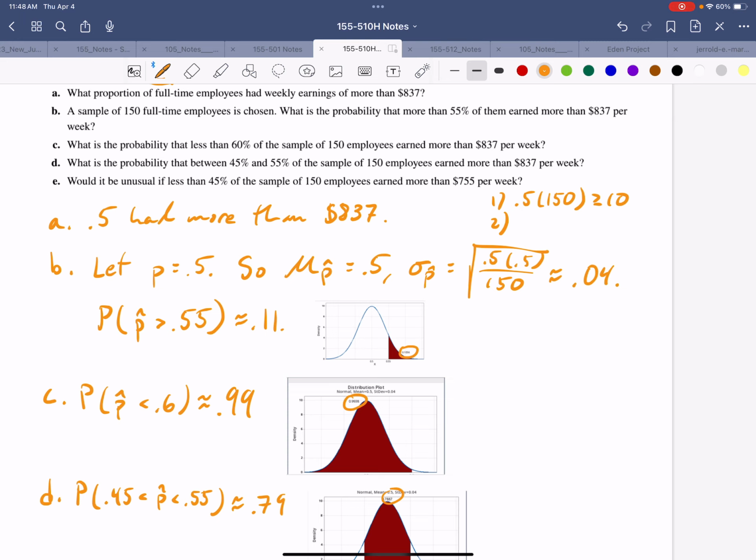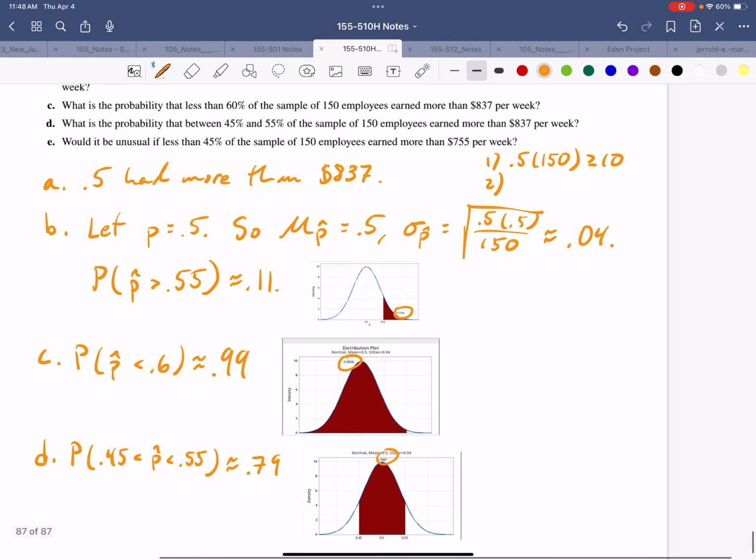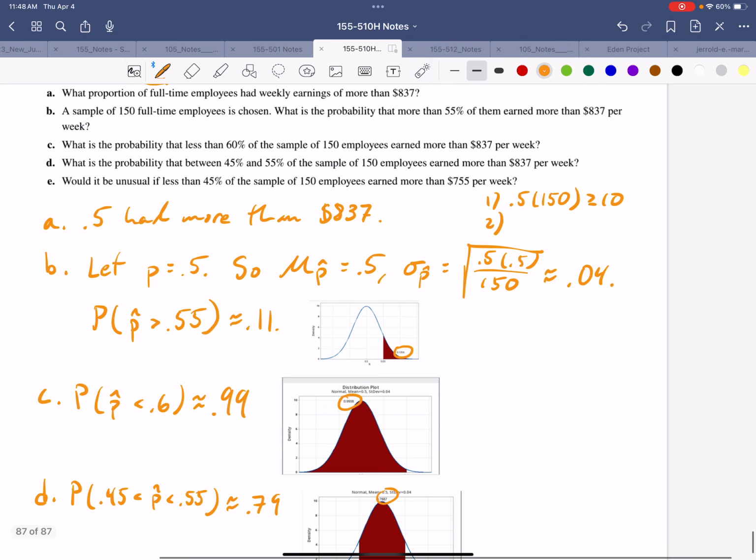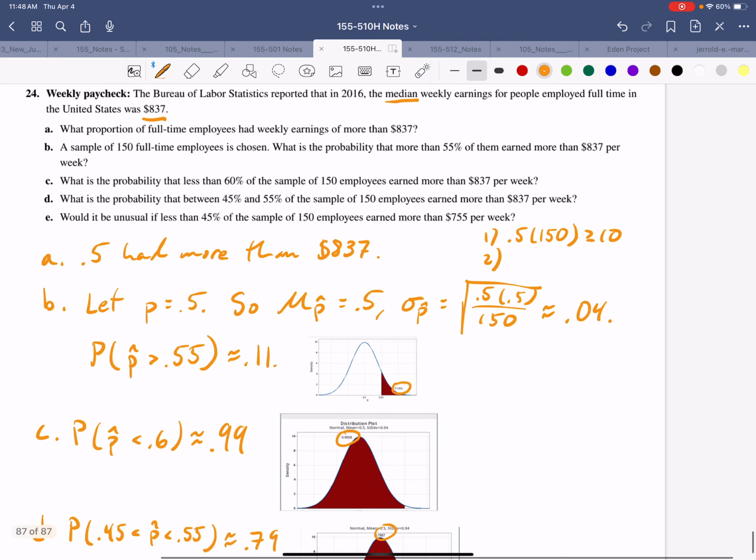Now, I'll let you think about part E. Given what we have here, without even doing calculations, 50% of the population should earn more than $837. That should be even tighter when we take a sample of 150.